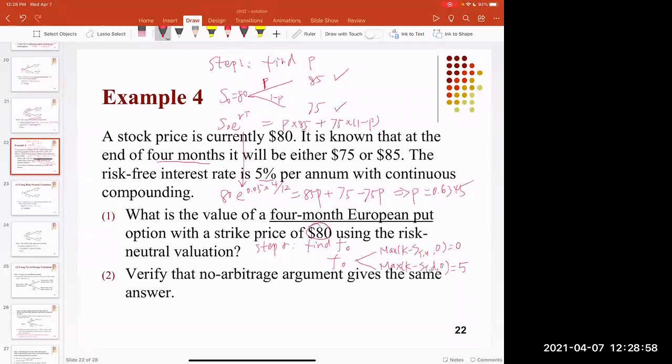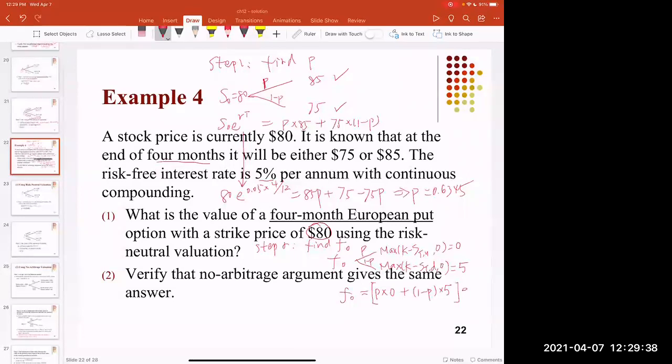Okay, that's good. And then we're going to set up an equation for time 0. The left-hand side is the option value today. This is what we are looking for. And the right-hand side, we're going to find the expected payoff based on the probability and the payoff for either case. So probability times the payoff when the price goes up, 0. And 1 minus p, which is the probability when the stock price goes down, and the payoff is 5. So this is the payoff at time T. We cannot compare values at different times, right?